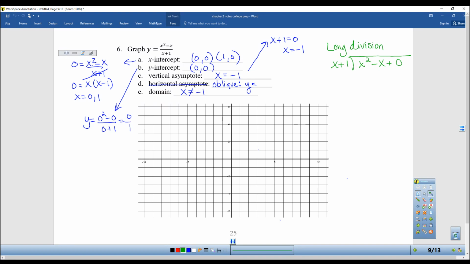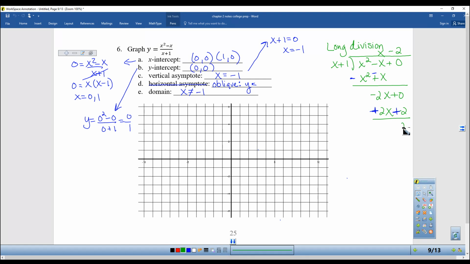So when I do this, I get x times x plus 1 is x squared plus x. Don't forget to change the color and subtract. That gives me negative 2x plus 0, which means I need a negative 2 up there. Multiply. Negative 2x minus 2. I change the color to subtract.